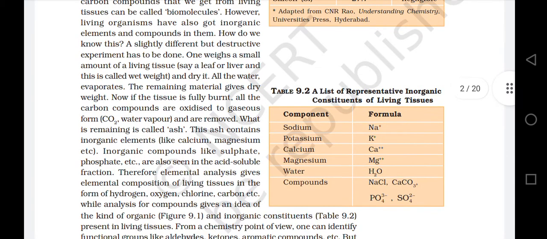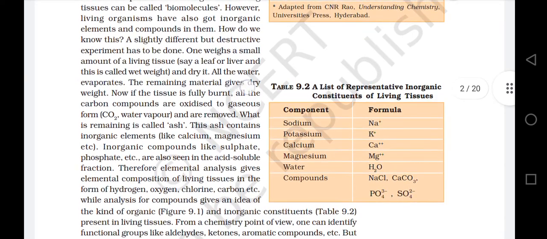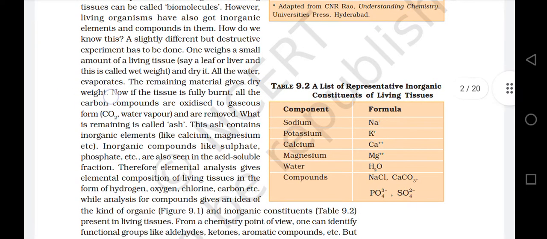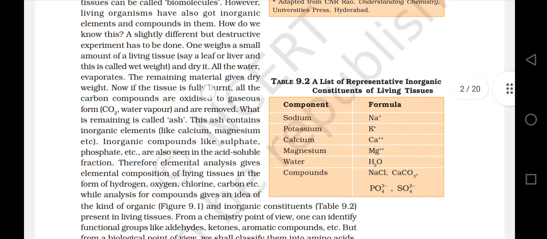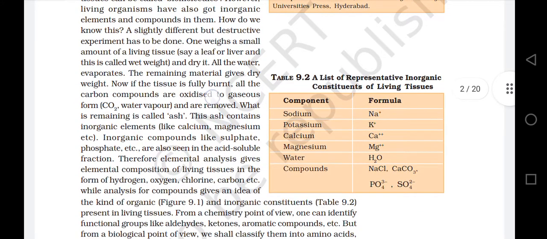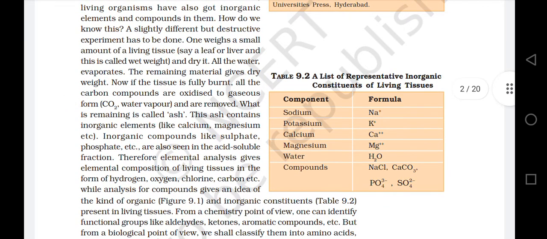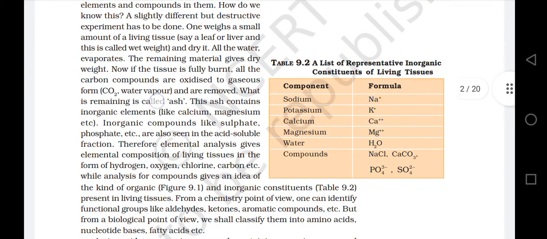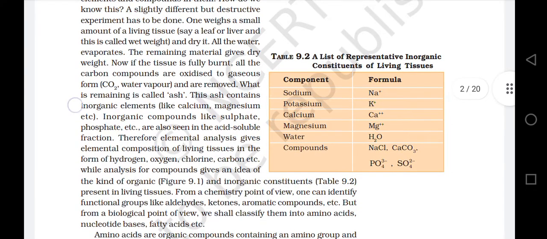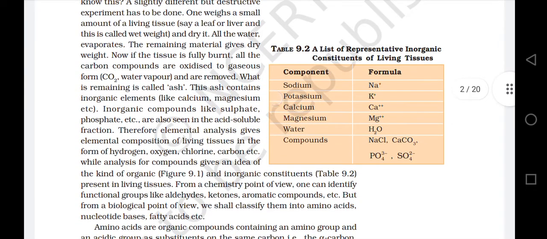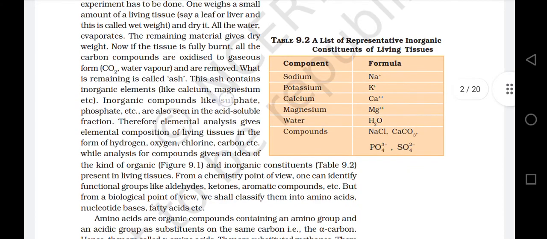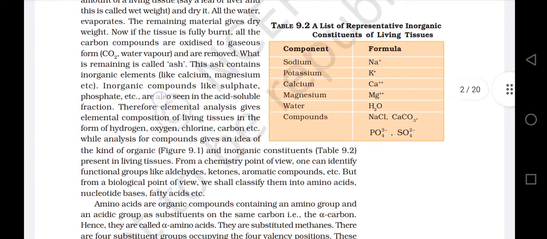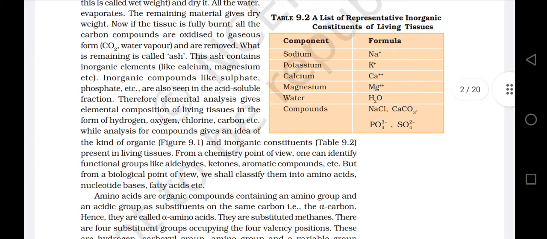All the water evaporates, and the remaining material gives dry weight. Now, if the tissue is fully burnt, all the carbon compounds are oxidized to gaseous form, that is carbon dioxide and water vapor, and are removed. What is remaining is called ash. This ash contains inorganic elements like calcium, magnesium, etc. Inorganic compounds like sulfate, phosphate, etc. are also seen in the acid soluble fraction.